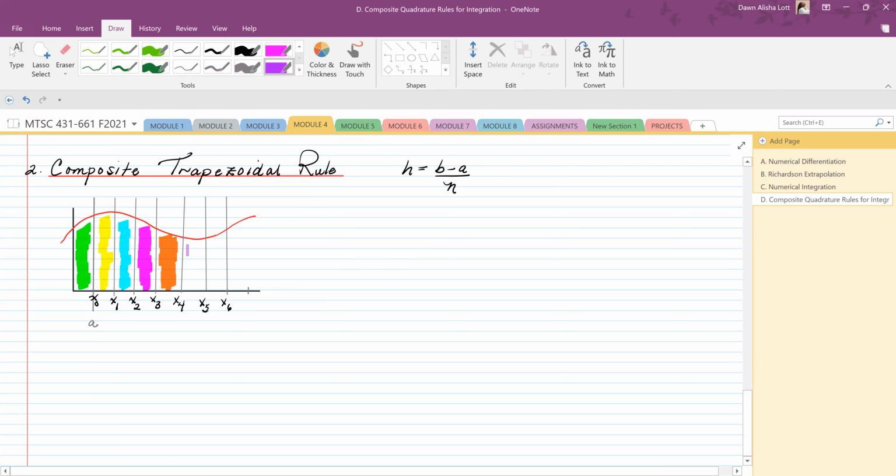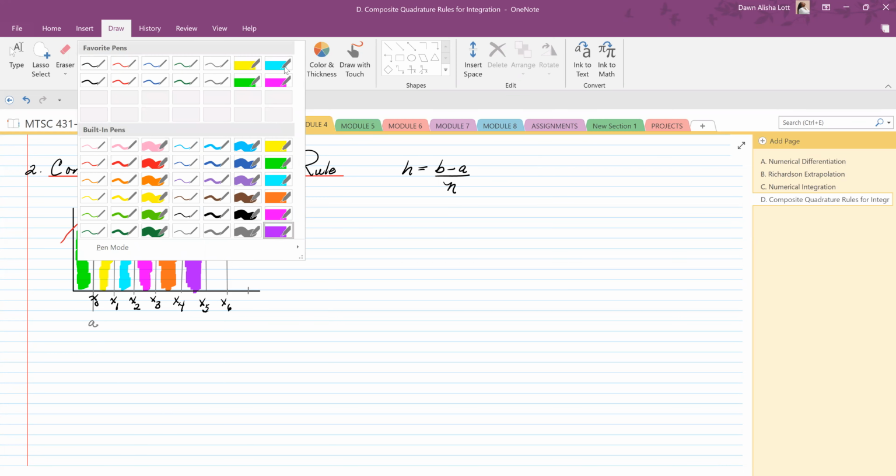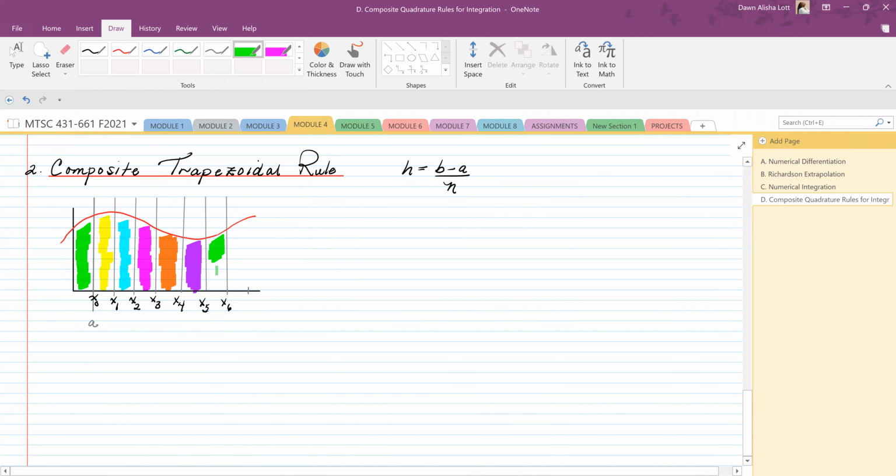Why do I have, oh, because that green one wasn't supposed to be shaded. Like, why do I have 7 intervals? Here we go. Okay, and this is B.